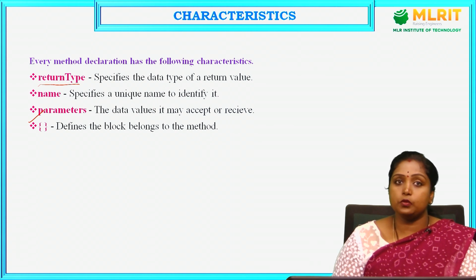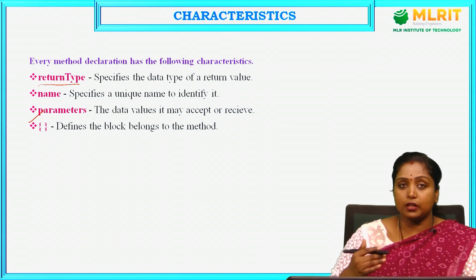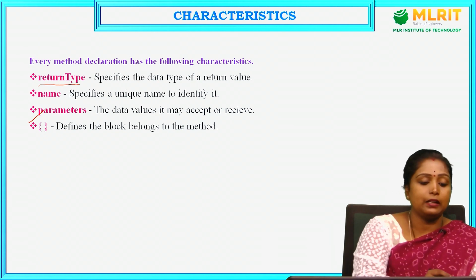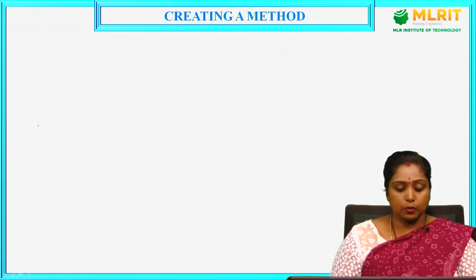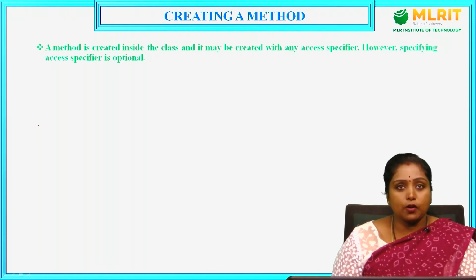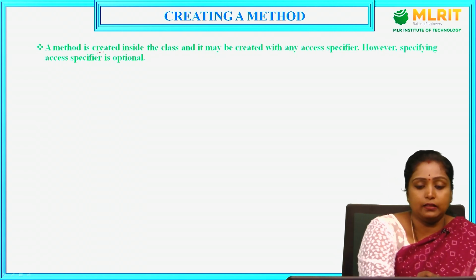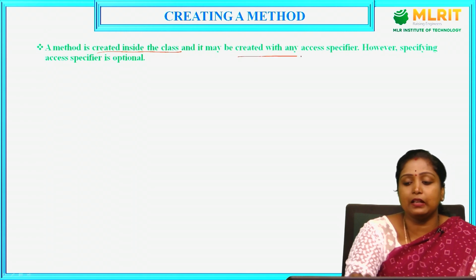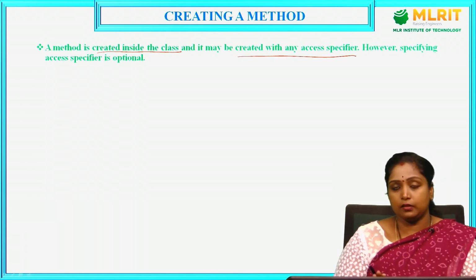Whatever specific task you define and the code you want to write, that is done in the block of code. So how are you going to create a method? I already said that a method is created inside the class, and it may be created with any access specifier, and this access specifier is purely optional.